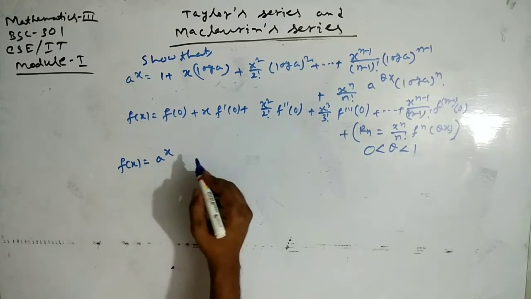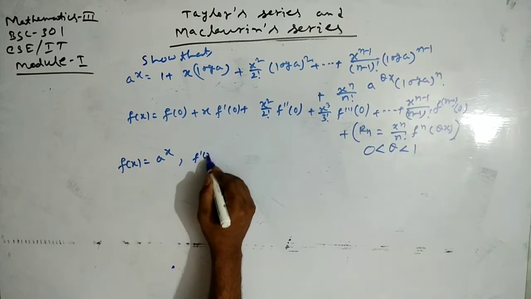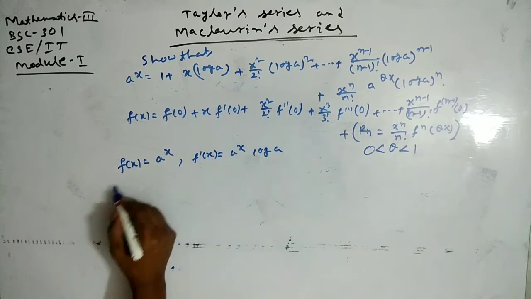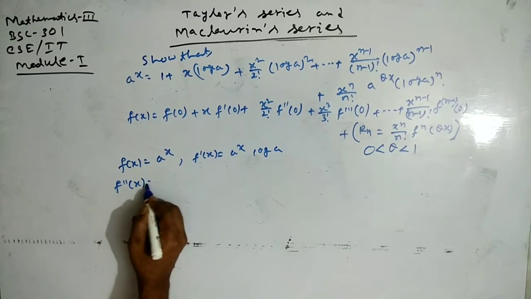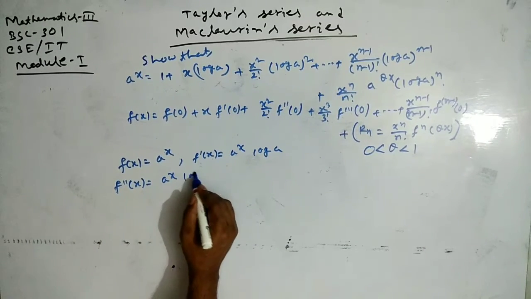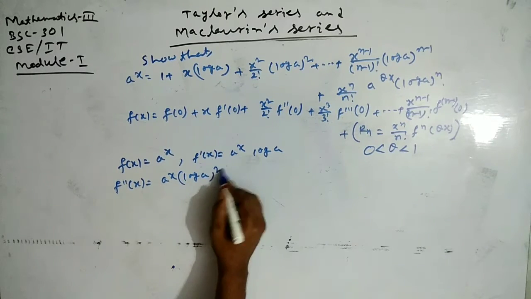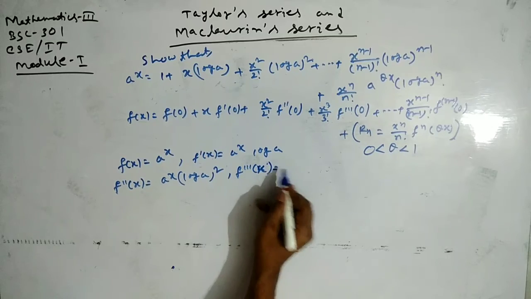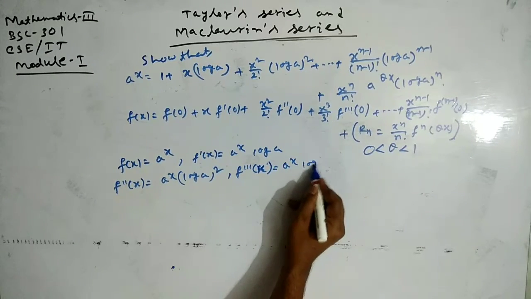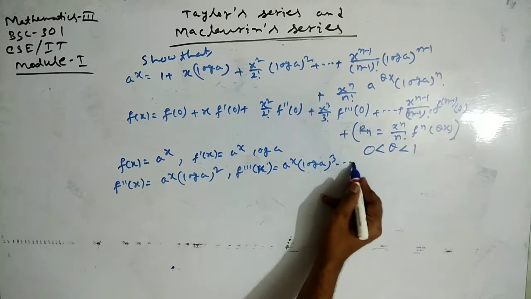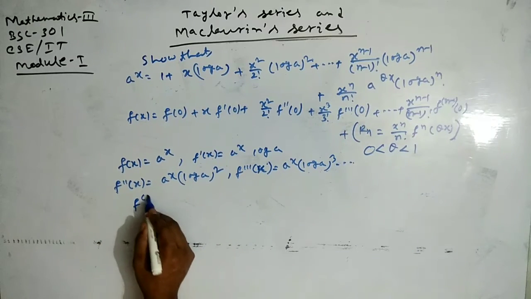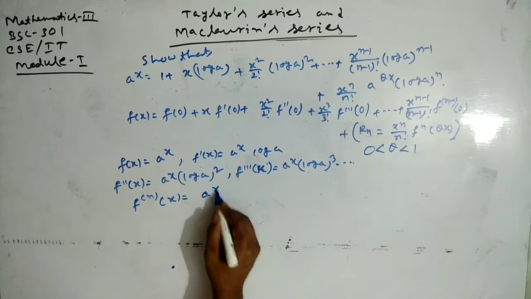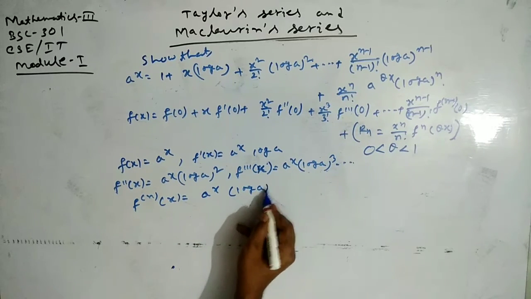Okay, so if f(x) equal to a to the power x, then f'(x) is equal to a to the power x log a. f''(x) will be a to the power x log a whole square, f'''(x) will be a to the power x log a whole cube, like this, and the nth order derivative will be a to the power x log a whole to the power n.